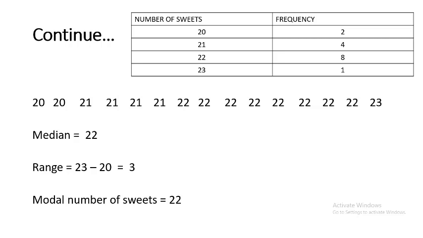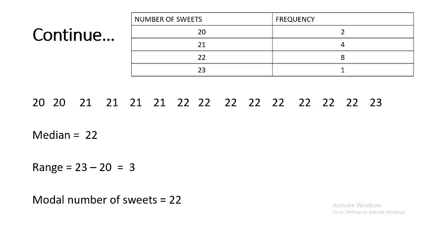Here, the table is there on top, number of sweets and frequency. We have 2 packets with 20 sweets. It means we are going to write 20 twice, because we have 2 packets with 20 sweets. The same thing will be applied to all the remaining values.